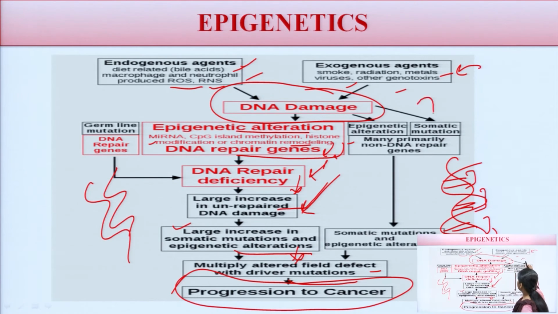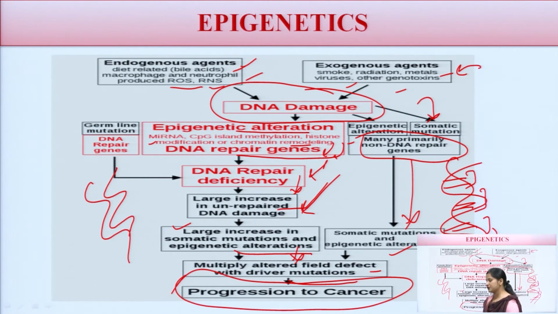Side by side, there are epigenetic or somatic mutations with many primary non-DNA repair genes which cause the somatic mutations and the epigenetic alterations, and these cause the progression of the cancer. So, these are the various kinds of series which cause the cancers.